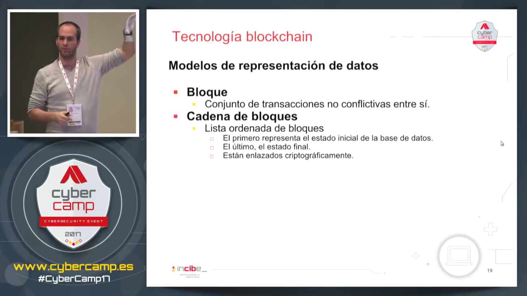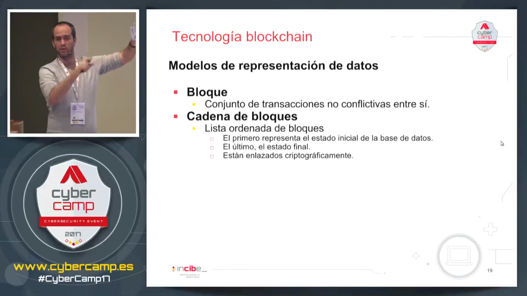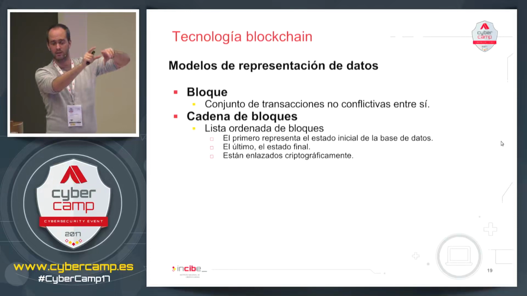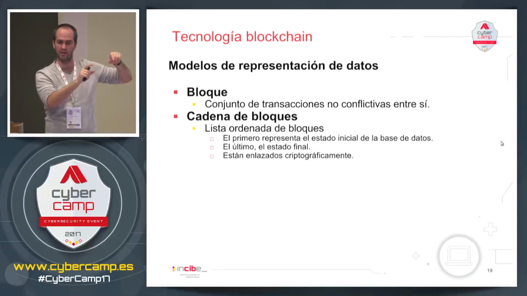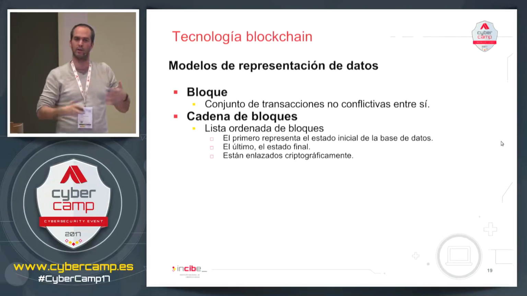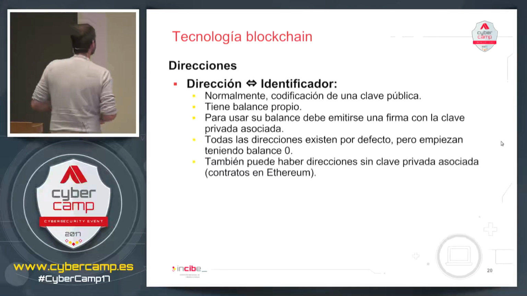If there's one bit that is modified in block 0, because they're linked between them, the hash from block 0 contained in block 1 does not coincide with this other modified block. So somebody will realize that there has been tampering.